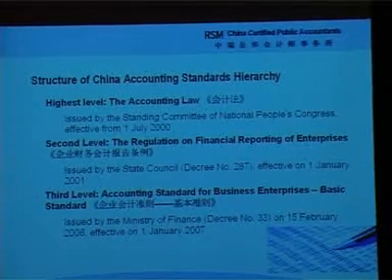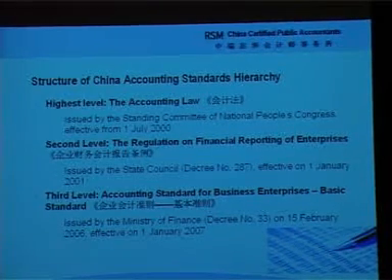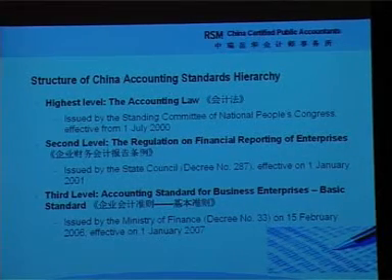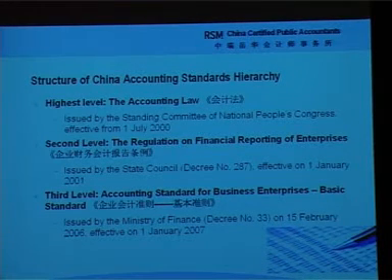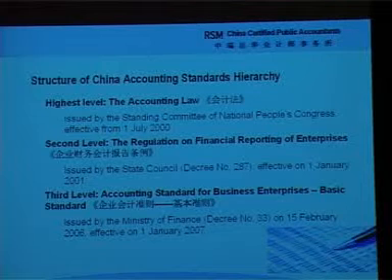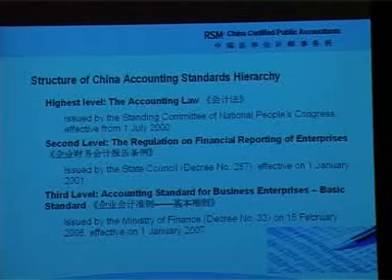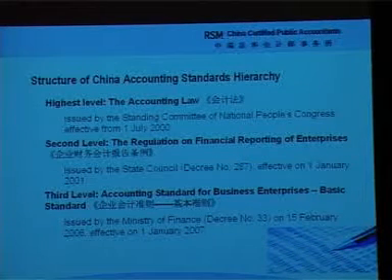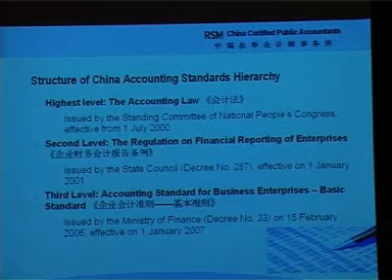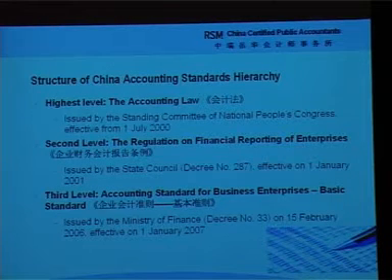The third level is issued by MOF, Accounting Standards for Business Enterprises, Basic Standard. It is issued by the Ministry of Finance, generally we call it MOF, by Decree number 33 on the 15th of February 2006, effective on January the 1st, 2007, applicable to all business enterprises in China.